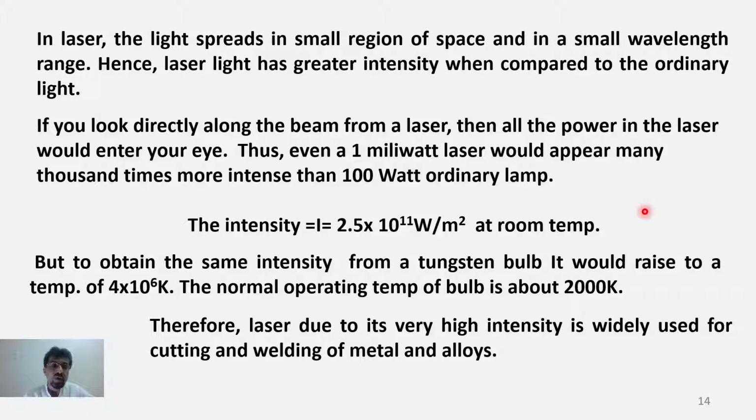This is very high because the normal operating temperature is about 2000 degrees Kelvin, and hence it is practically very difficult to operate the tungsten bulb at this temperature. So we can compare the intensity of any laser source and any ordinary source of light. Therefore, the laser, due to its very high intensity, is widely used for cutting and welding of metals and alloys.